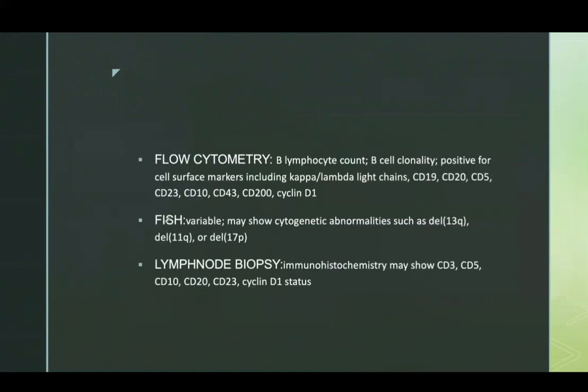Then in flow cytometry, you will find B cell clonality, positive for B cell surface markers. This has been asked in MCQs. You have to remember CD19, CD25, CD23, CD10, CD43, CD200 and cyclin D1. This list has been asked multiple times and there is no excuse other than to read and remember this.